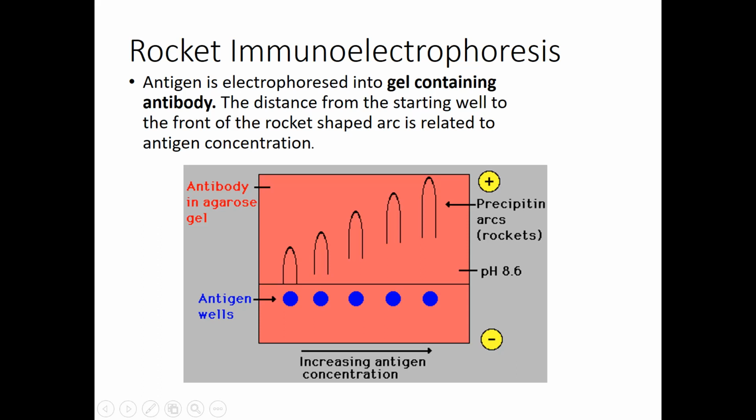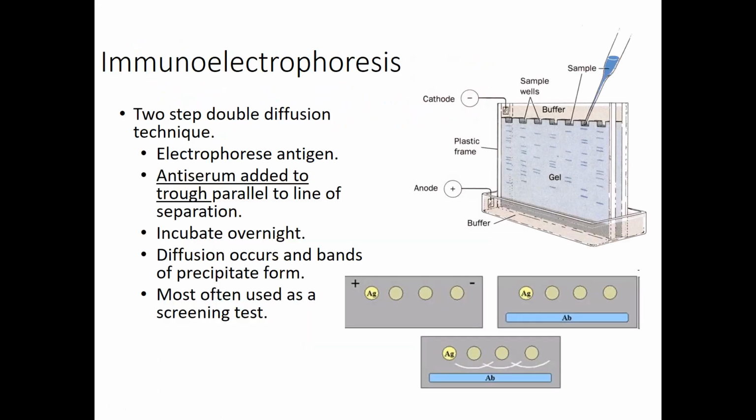Remember, we're using up the antigen as it moves along, and the antigen and antibody have to be in equivalence. When we run out of antigen, it stops moving. So that would be a high concentration. We can measure the movement, read it off a standard curve, and determine what the patient's antigen concentration was, along with the control.